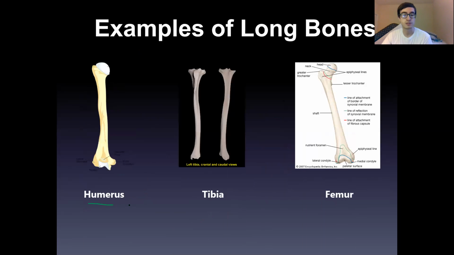Your humerus is one, so that's the bone for your arm right up here between your shoulder and your elbow. It's your humerus. And your tibia is another good one. That's one of the bones in your leg. And then the femur, which is the bone between, so up here would be your hip, and down here would be your knee.